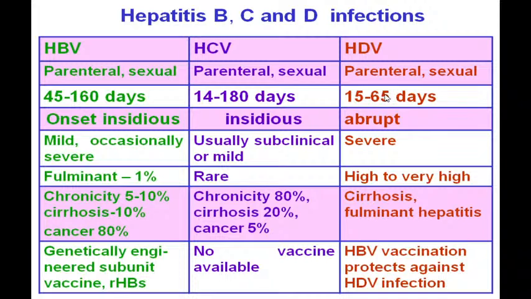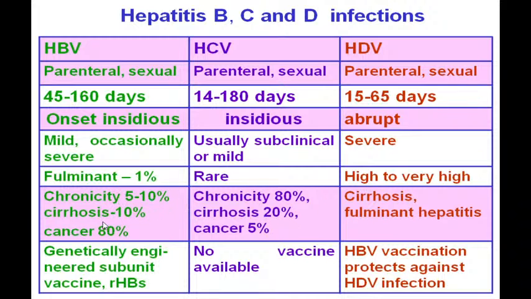A bit less for hepatitis D, but still 65 days is quite a lot. The onset is insidious for HBV and HCV, but very acute, sharp, and severe for hepatitis D. Those two can rarely cause fulminant hepatitis, while HDV may cause it with high to very high probability.